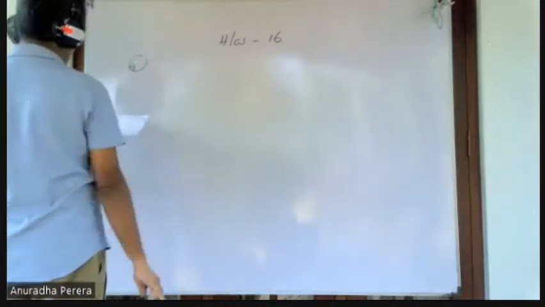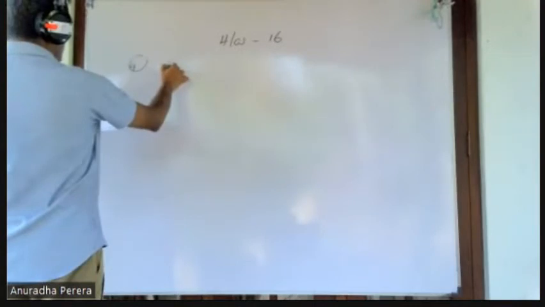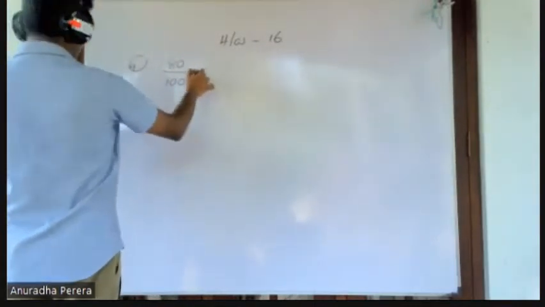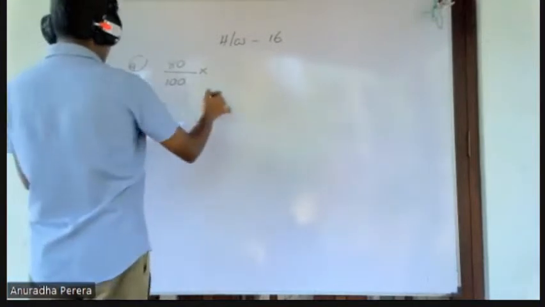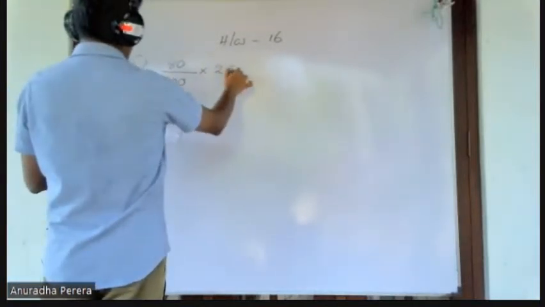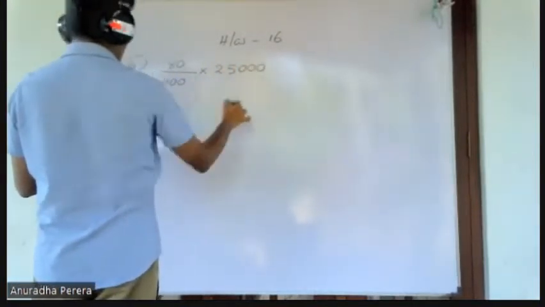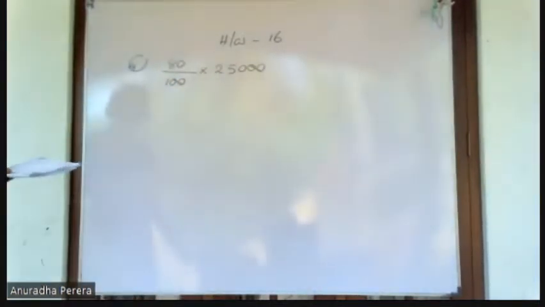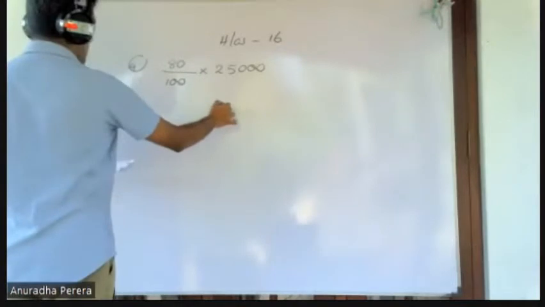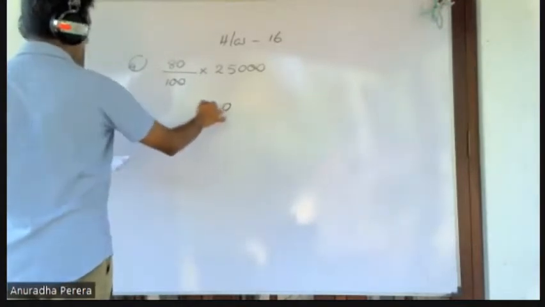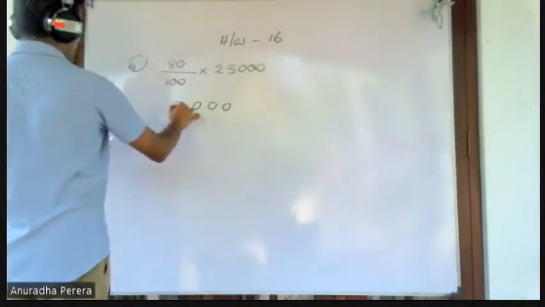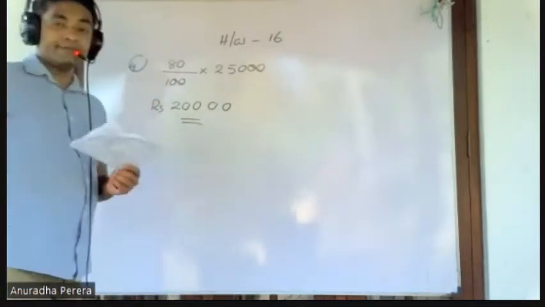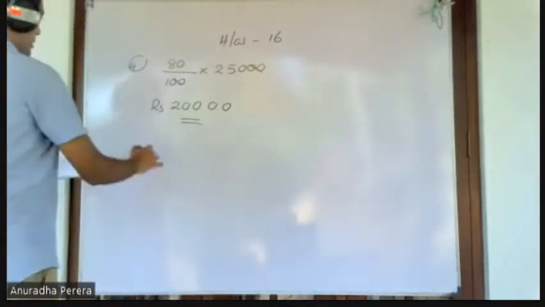Directly you can find it. If the buying price is 100, the selling price is 80. But the buying price, the value of this item, is 25,000. We need the selling price. 20,000 rupees. Have you got it? Is this the answer? Yes.